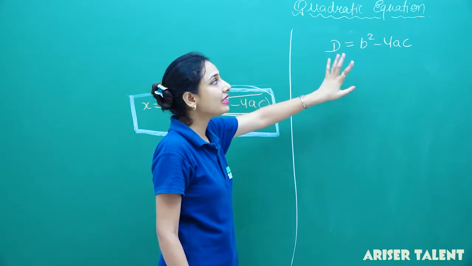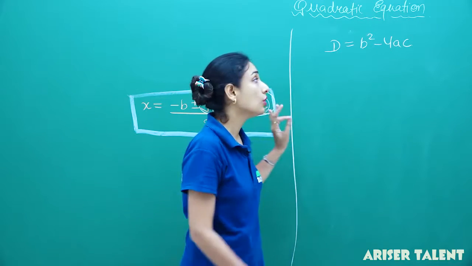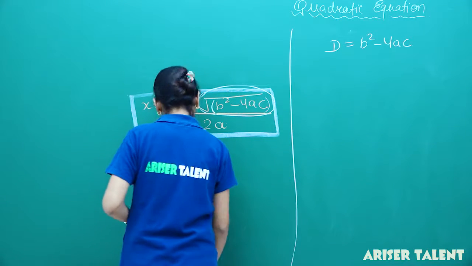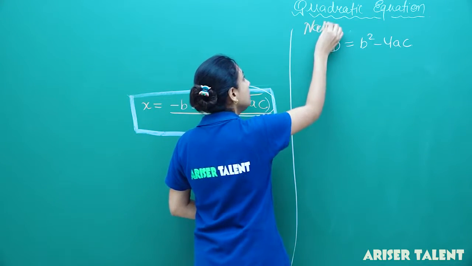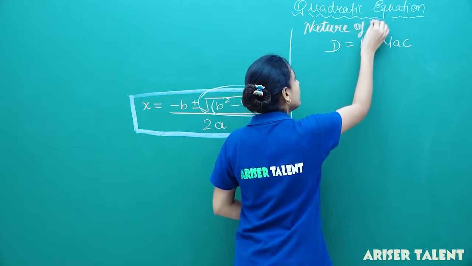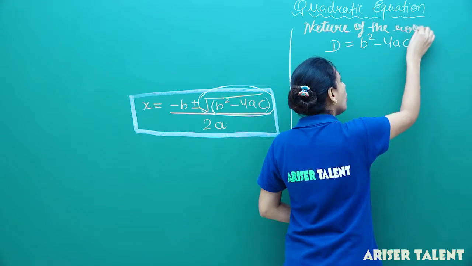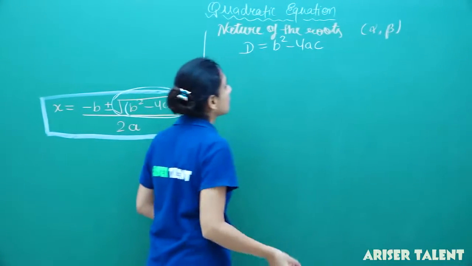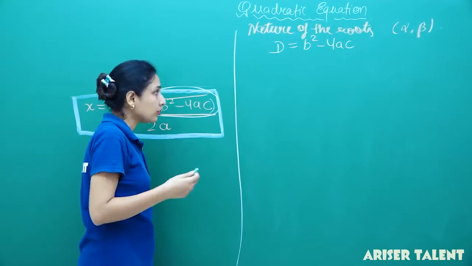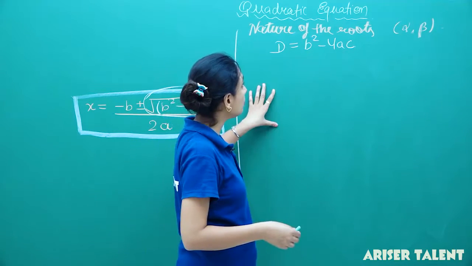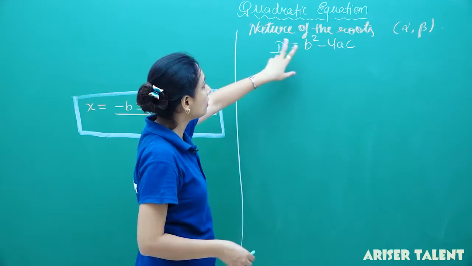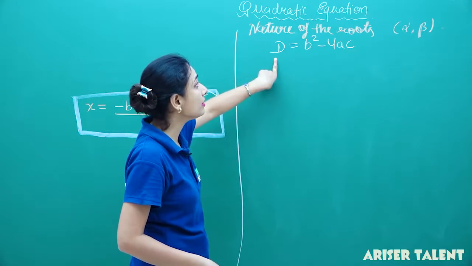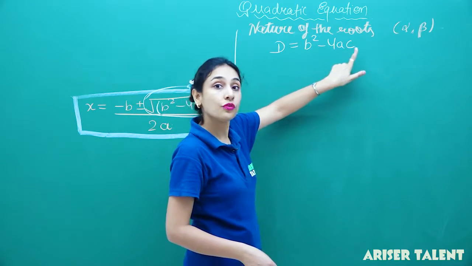So, d will decide the nature of the roots. The topic we are now going to study is the nature of the roots. For a quadratic equation, what roots do we have? Alpha and beta, I have told you. The nature of these roots alpha and beta will be determined by this d, which equals b square minus 4ac.